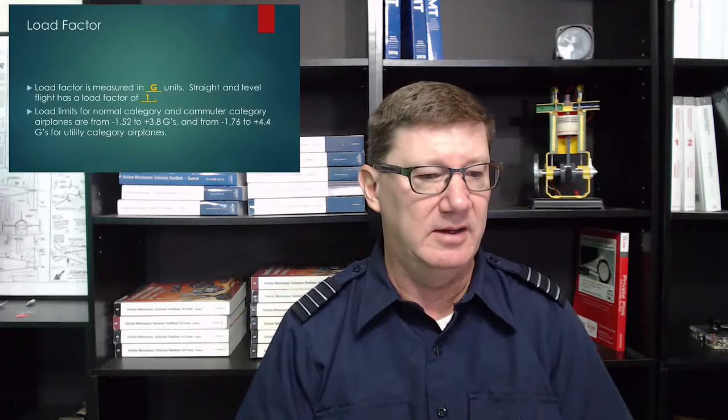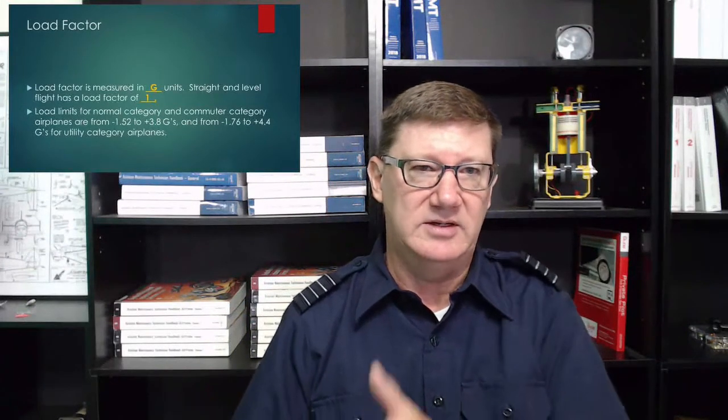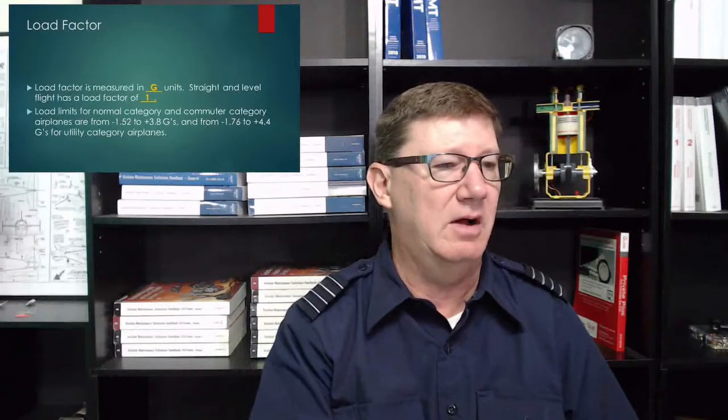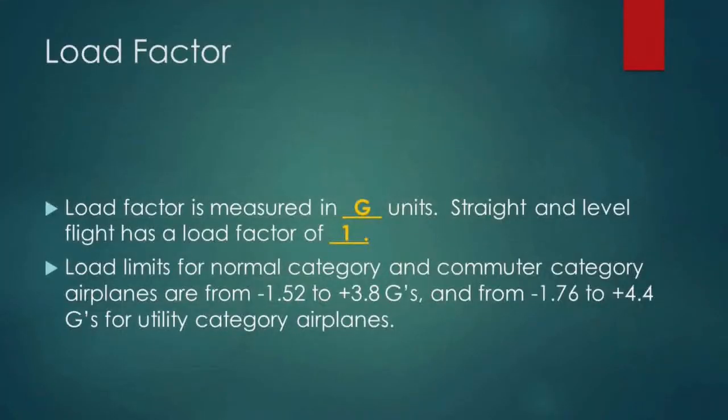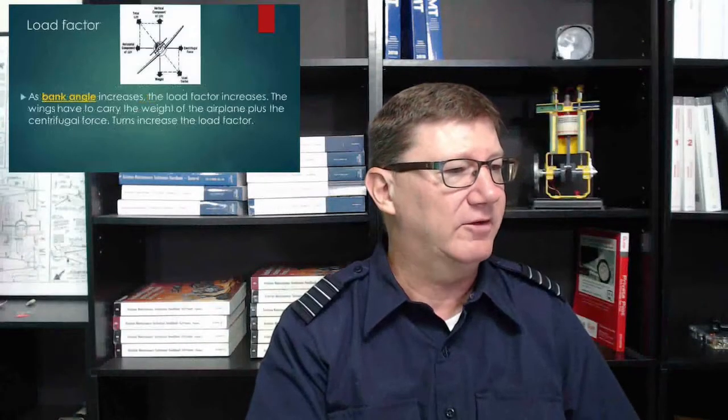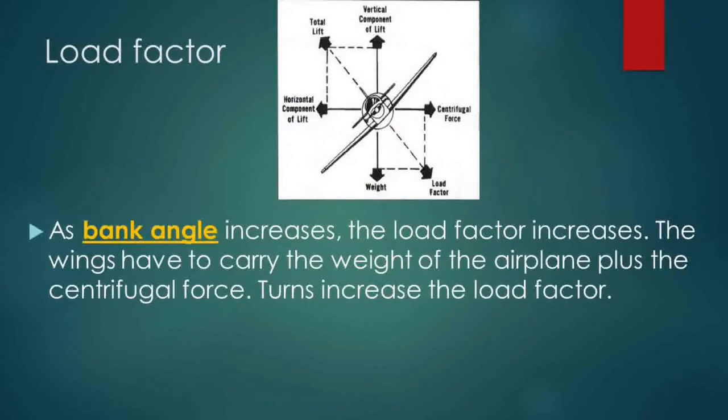On the other hand, if you are in a steep turn in an airplane, the pressure pushes straight down on you. In this diagram, you see that as the bank angle increases, the load factor increases. The wings have to carry the weight of the airplane, plus the centrifugal force. The turns increase the load factor.